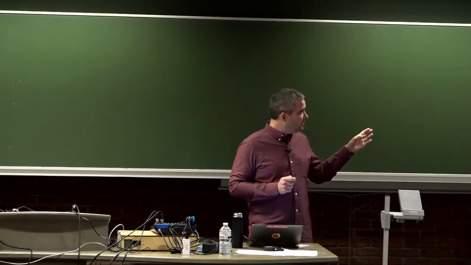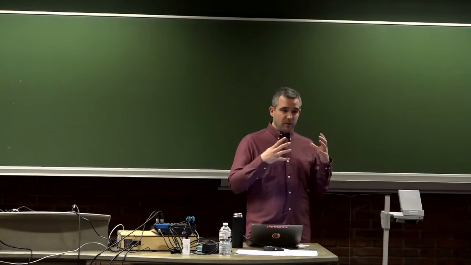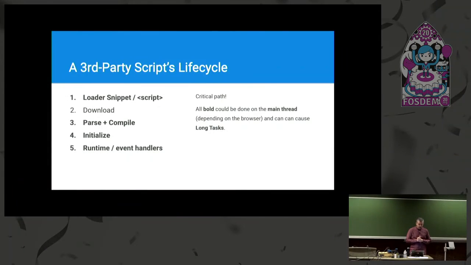So one thing I did want to point out really quick too is all of the bold phases up there are part of the critical path of the browser using your JavaScript. All of the things up there are generally done serially on the main thread, depending on the browser. But any of these things that you're doing here are affecting the rest of the site being built. And if the user is trying to interact with the page, you're potentially affecting their interactions.